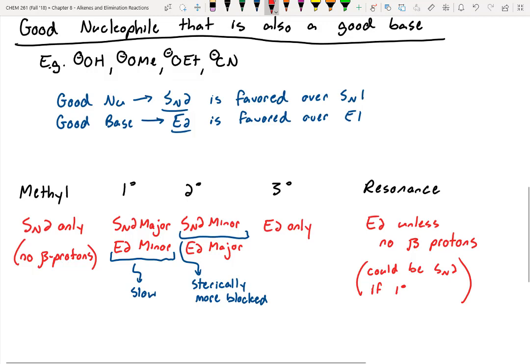So there is kind of this weird hodgepodge that could occur here, right? So it is a little bit confusing. A lot of this has to do with the rates of reactions. So we've got these competitions, meaning both reactions can occur, but we're asking ourselves which ones will occur faster. So really, SN2 reactions occur faster this way. And then we said that E2 is faster going this way.